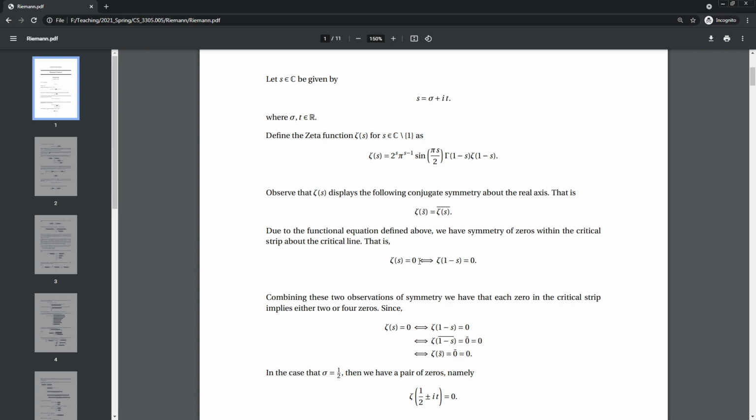Anyway, so we know kind of what they look like and how to compute them. We've written a program to do so.